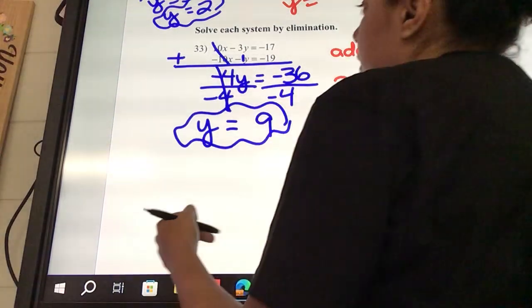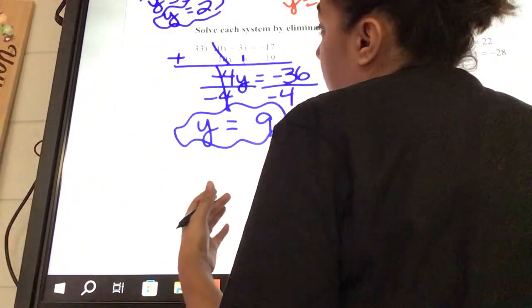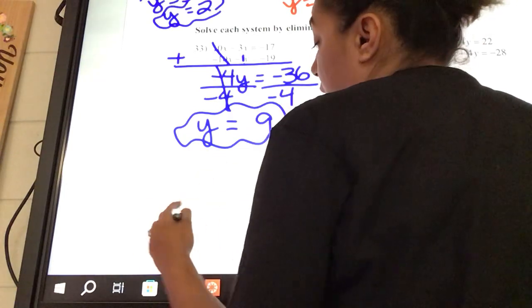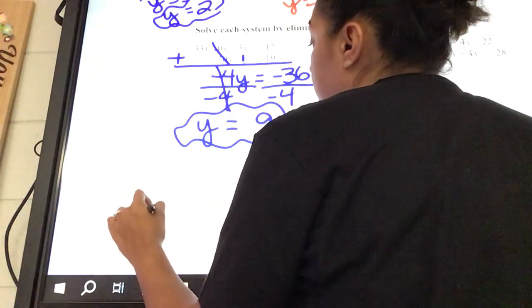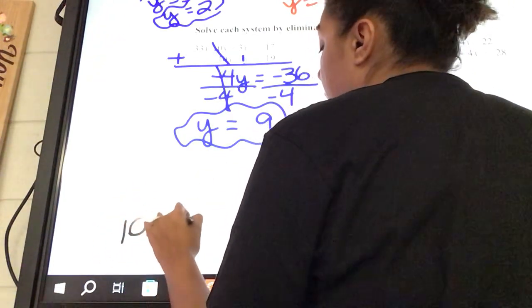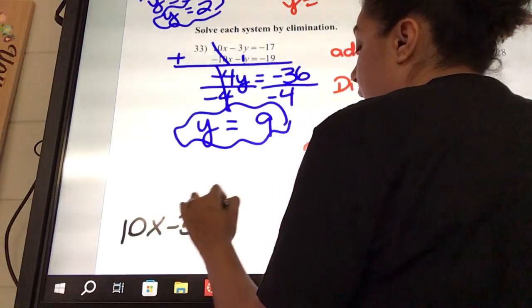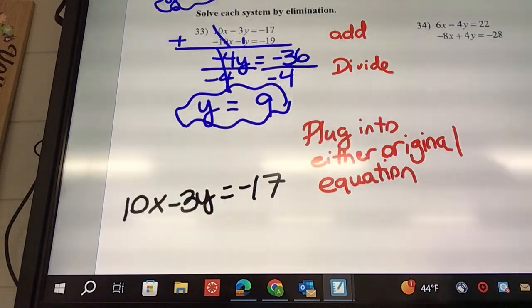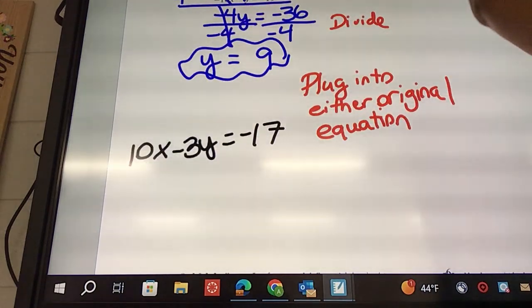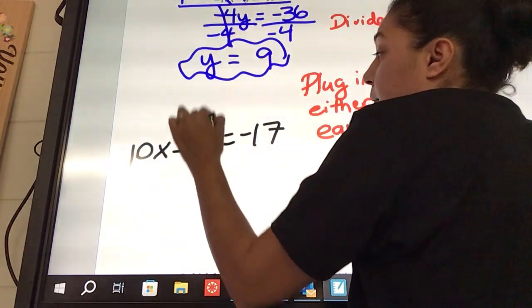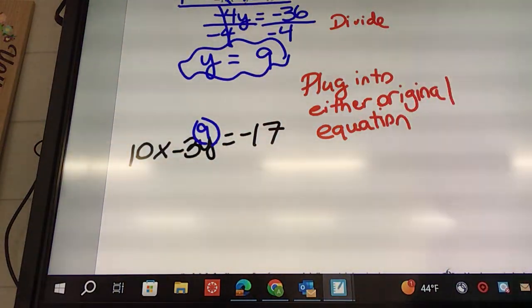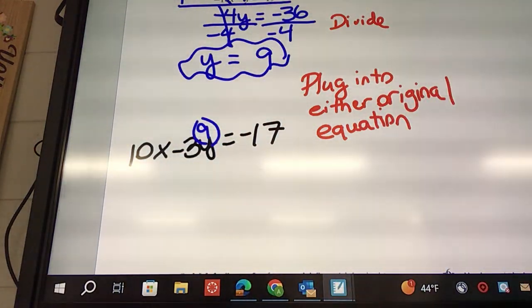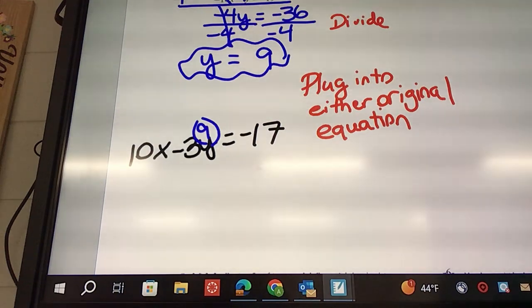I'm just going to use number 1, but if you chose to use something else, that's fine. So we have 10x minus 3y equals negative 17. Where the y is, I can put a 9 instead. Or you can erase the y and put the 9, or you can just do it straight from the get-go. But some of you struggle with where to put that.